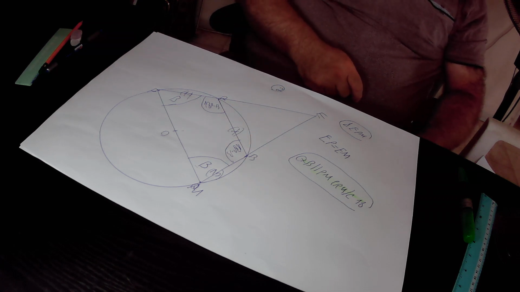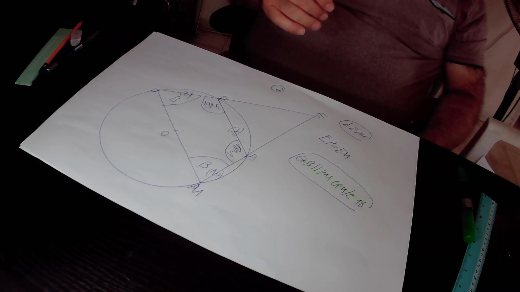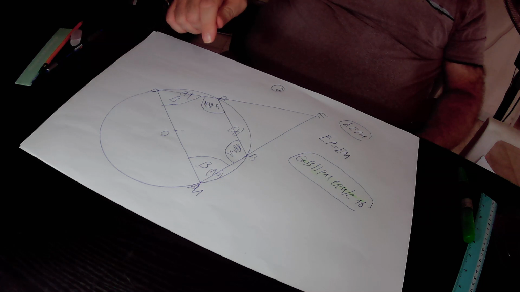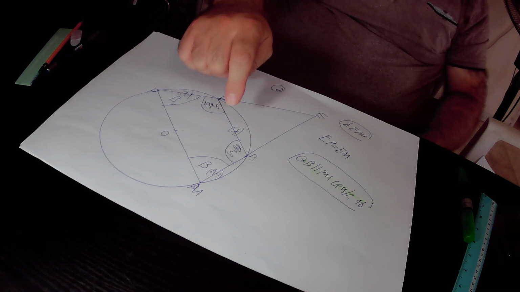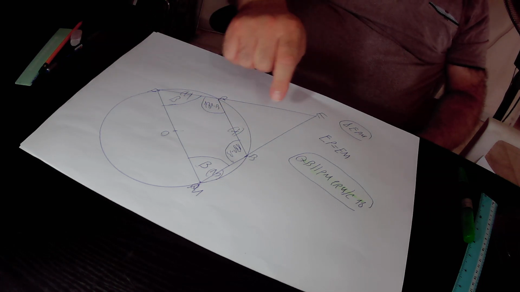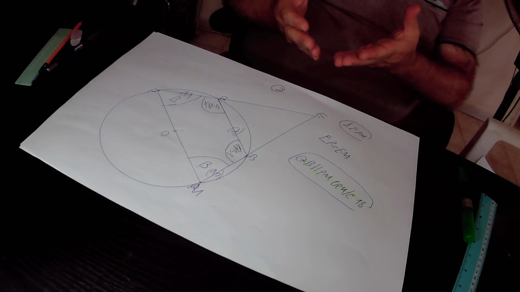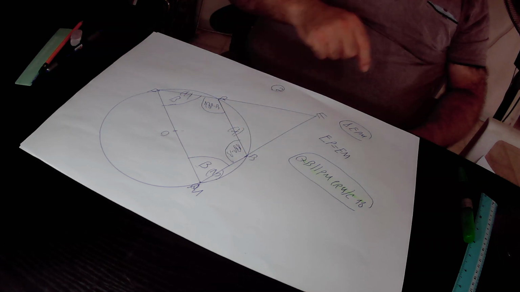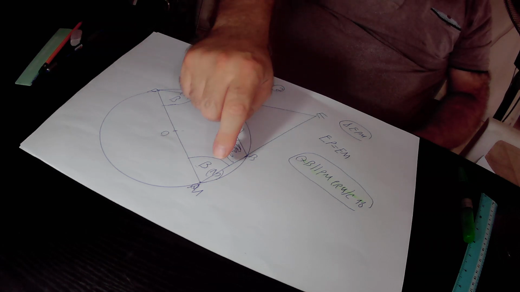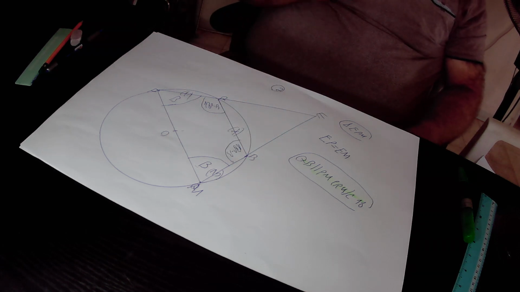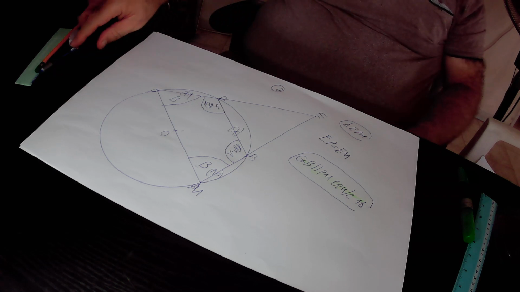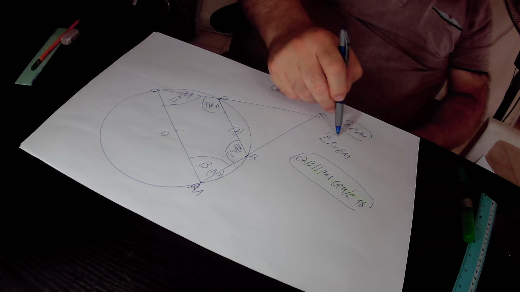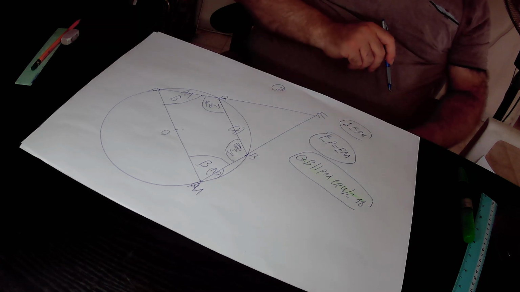The new line segments created are PE and ME, and according to the rule, PE must be equal to ME. So PE equals EM.